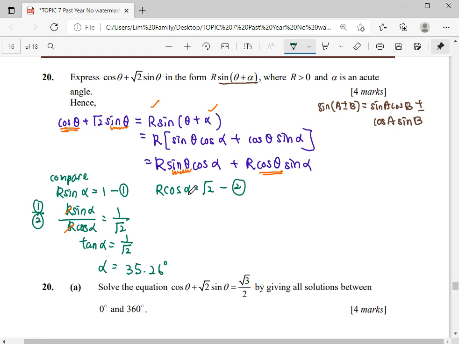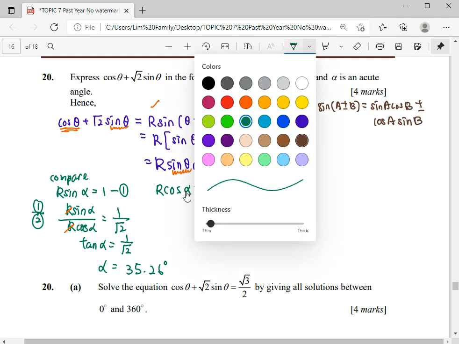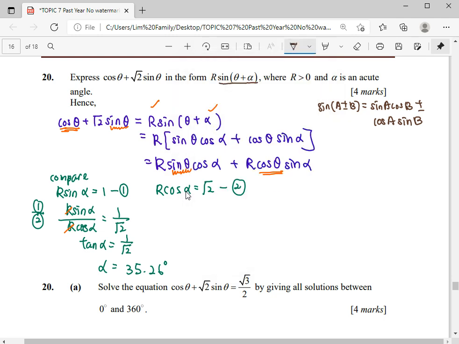So continue. After we eliminate r by using the concept of tangent, now we're going to find out what our r is. So we have to eliminate alpha. How do we eliminate our angle alpha here? We use the identity where sine square alpha plus cos square alpha equals 1.